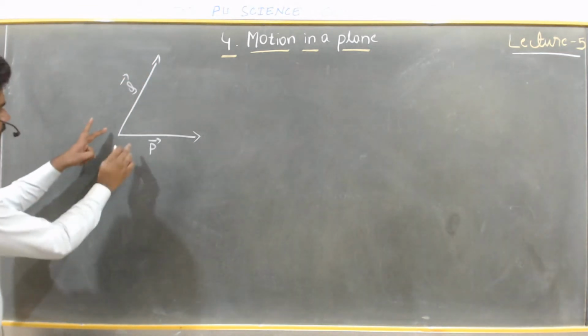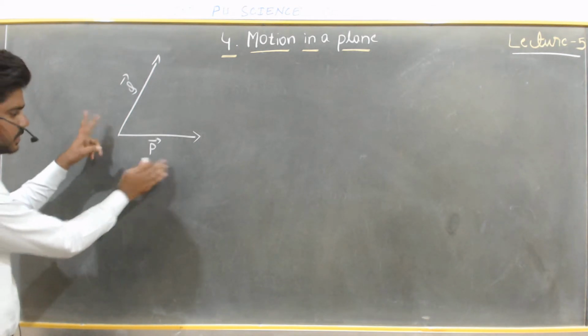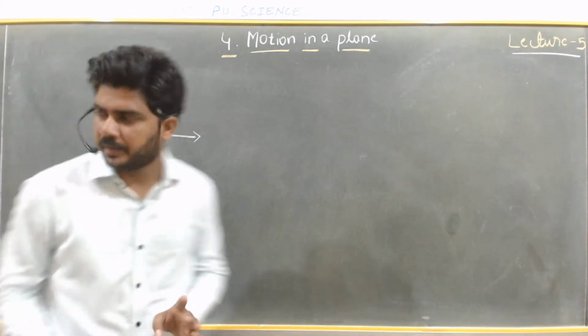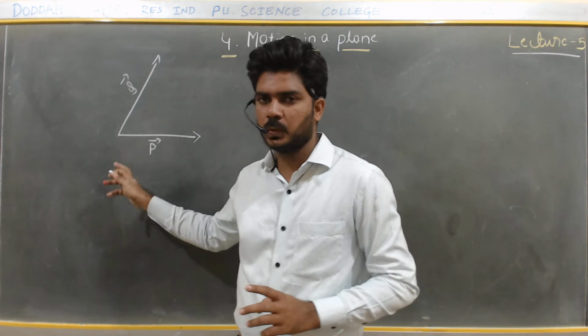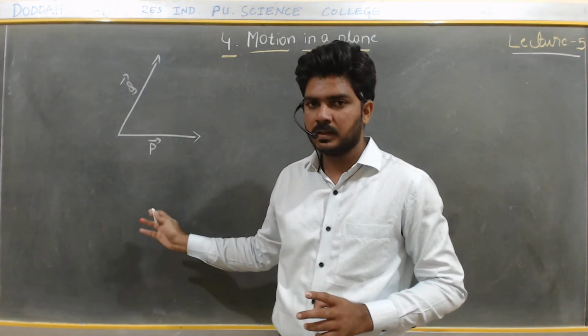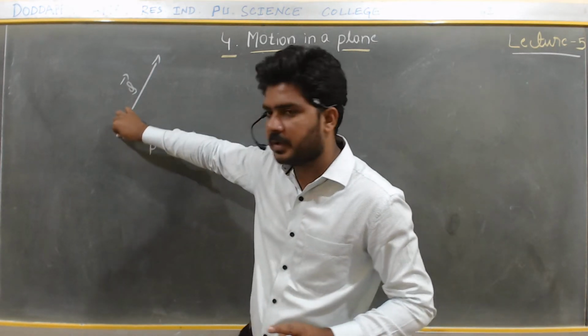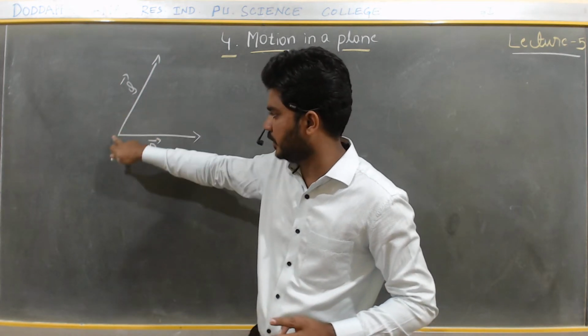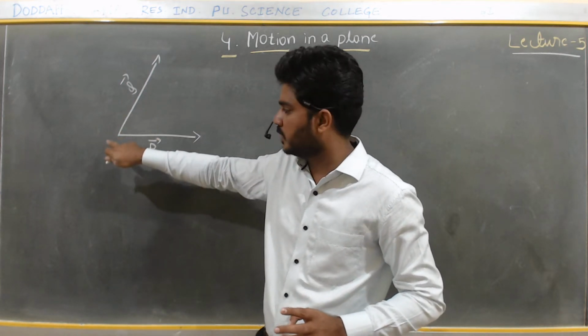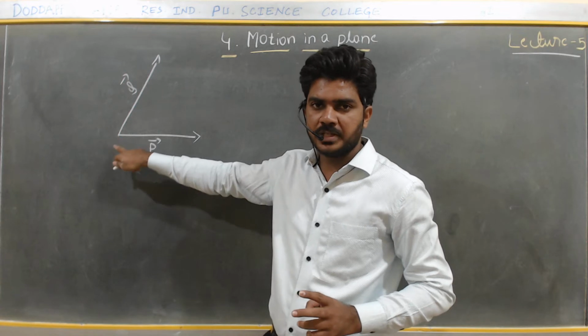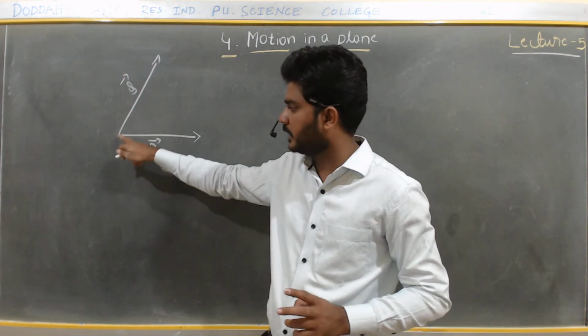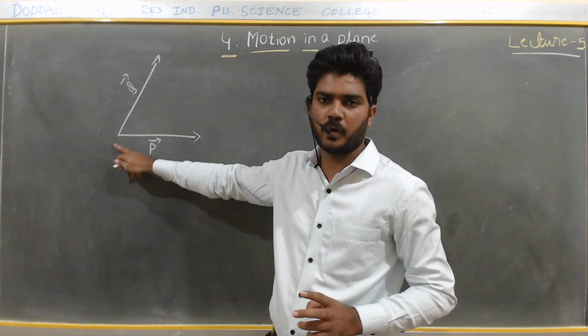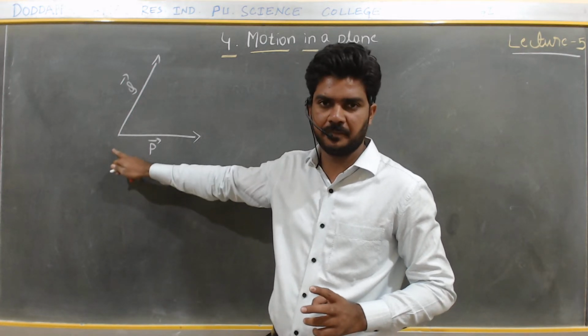Can you tell me what these two vectors are called? Vector p and vector q are called which vectors? See, both have a common initial point. If vectors have a common initial point, we call them co-initial vectors. Why? They have one common point or one common origin.